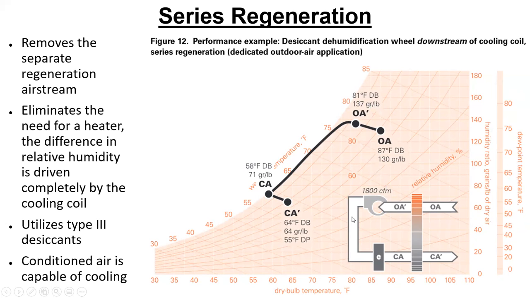And then I'm going to come down and go across the cooling coil. So from OA prime to CA is the cooling process across the coil. I go in at 81, I'm coming out at 58, and my moisture is dropping precipitously from 137 to 71 grains. Then I go across the process side of the desiccant wheel, where I get my dehumidification.